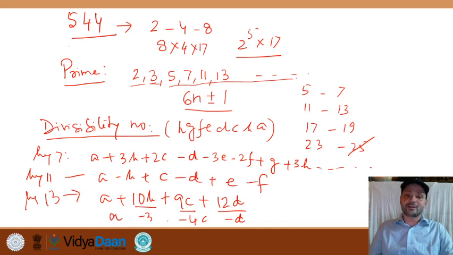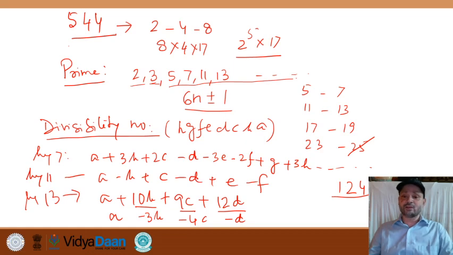So your expression becomes a minus 3b minus 4c minus d. So if any number is there and you have to see whether it is divisible by 13 or not, you can just go and do this. Suppose you have a number like 1, 2, 4, 8, whether it is divisible by 13 or not.